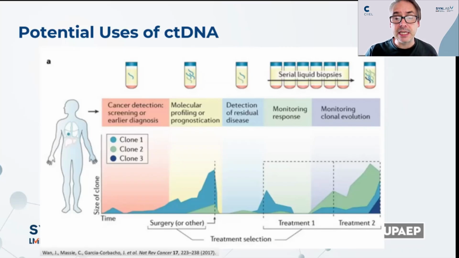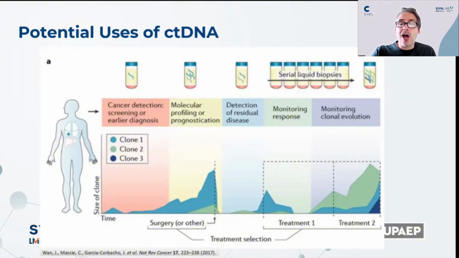MRI or CT. And then going forward, once we've established the minimal residual disease setting, monitoring response. So this could be serial liquid biopsy samples to follow people on either targeted therapies or whatever therapy, looking for the occurrence of resistance or any other recurrence, basically.